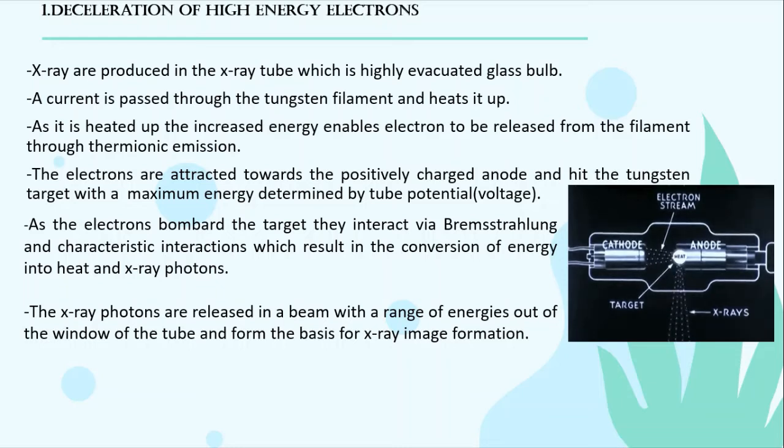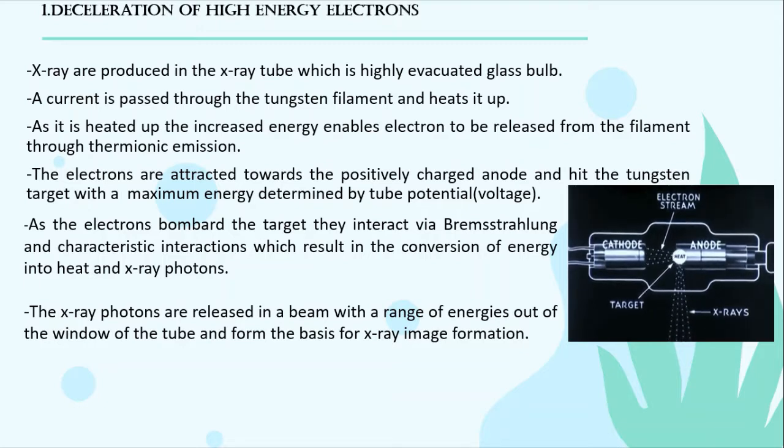At first, a current is passed through the tungsten filament and heats it up. As it is heated, its energy increases, resulting in electrons being released from the filament. Then, the electrons are attracted towards the positively charged anode and hit the tungsten target with a maximum energy determined by the tube potential.